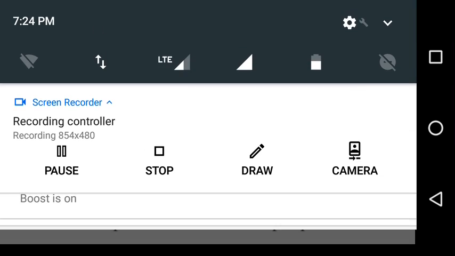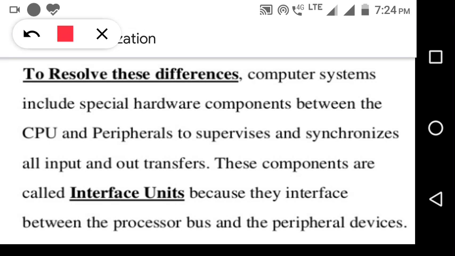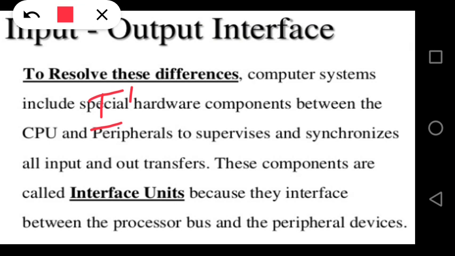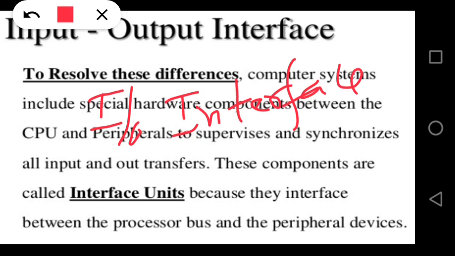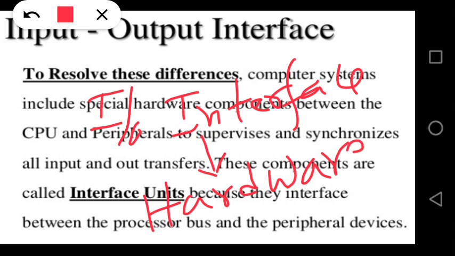Remember, so far we are referring to the IO interface. First thing is that it is hardware. What does it contain? Interface units.